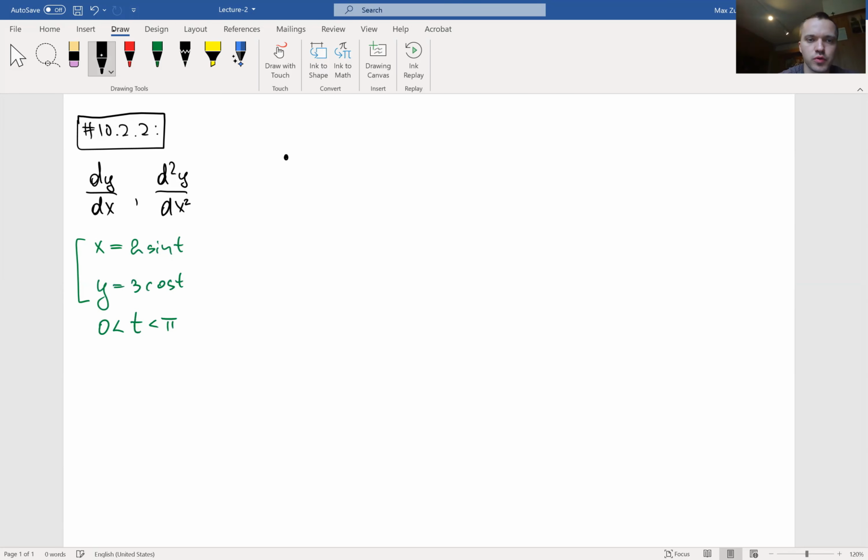You remember that to take the first derivative of a parametric function, on the top I find the derivative of y with respect to t, and on the bottom I put x prime of t.